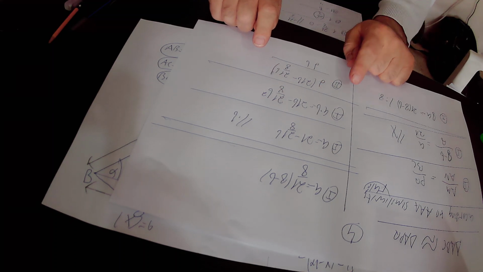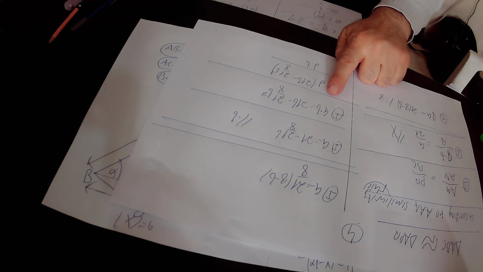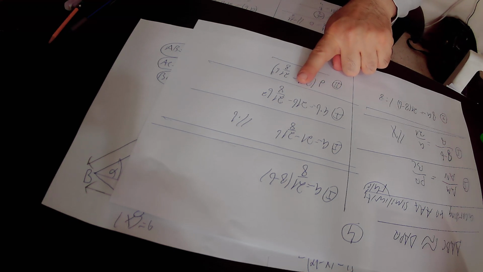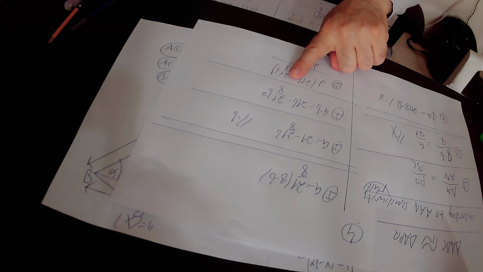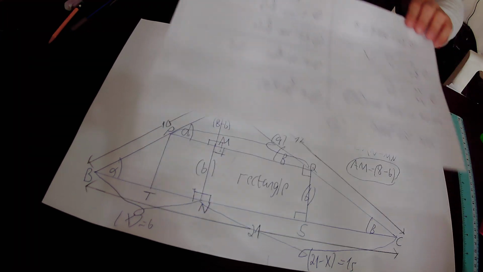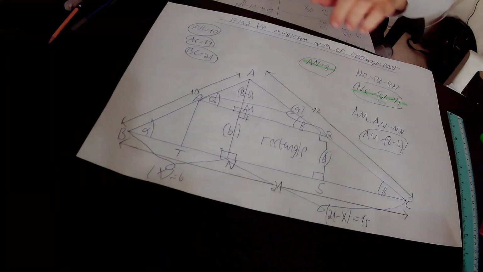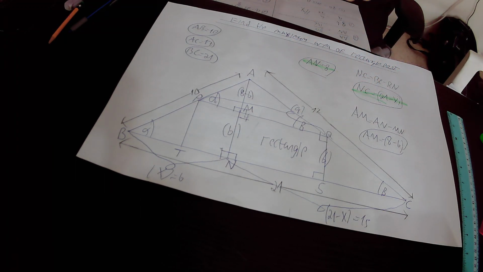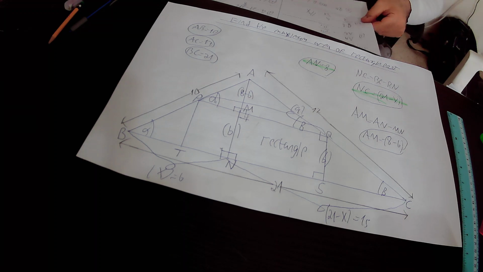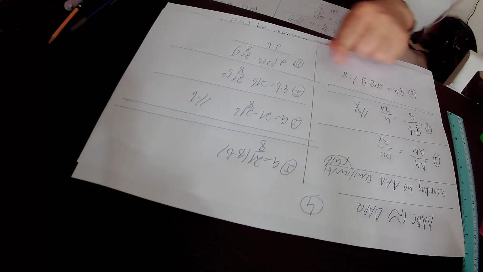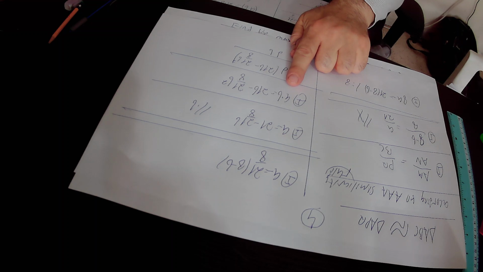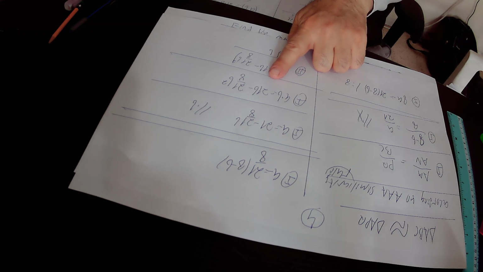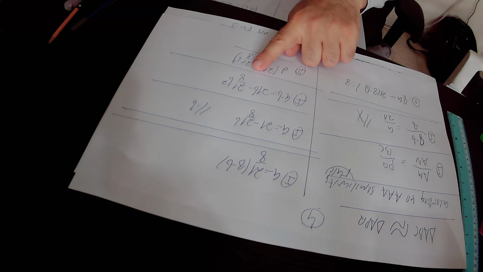So a times b equals 21b minus 21b squared over 8. But what is a times b? A is the length and b is the width of this rectangle PQST, and the length times the width is the area of this rectangle PQST. So a times b is the area, and the area equals 21b minus 21 over 8 times b squared.